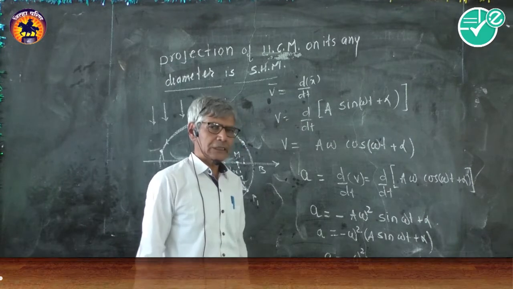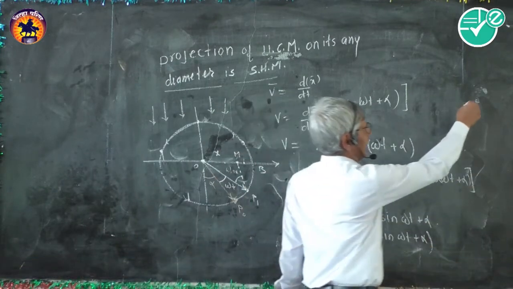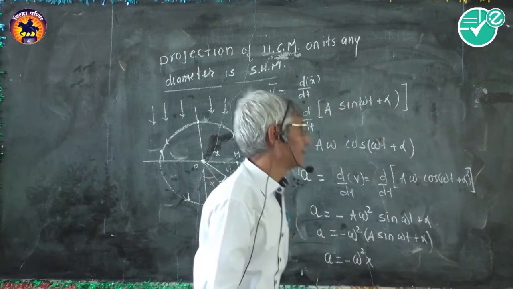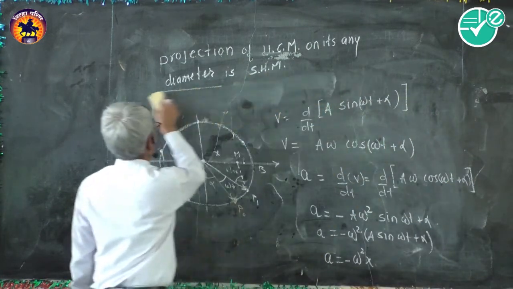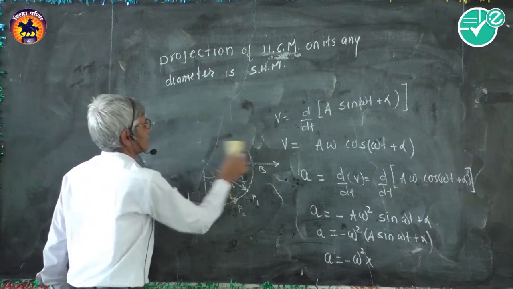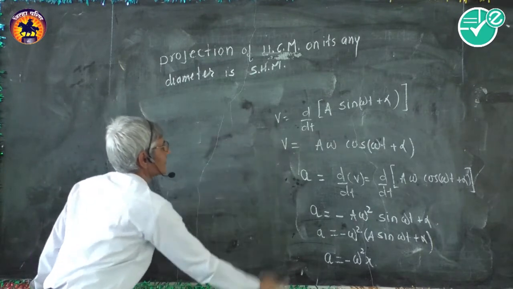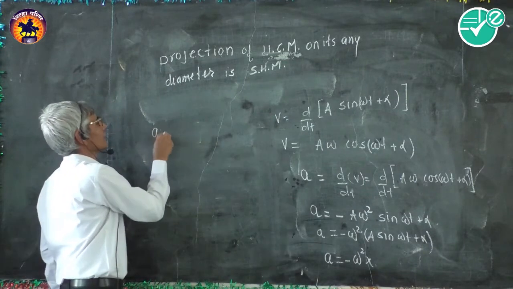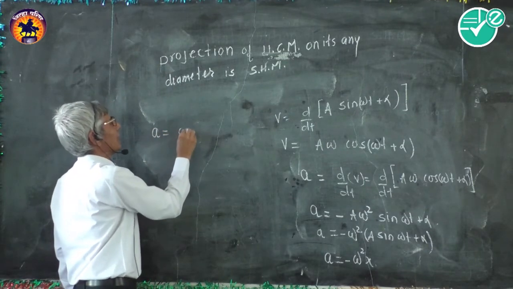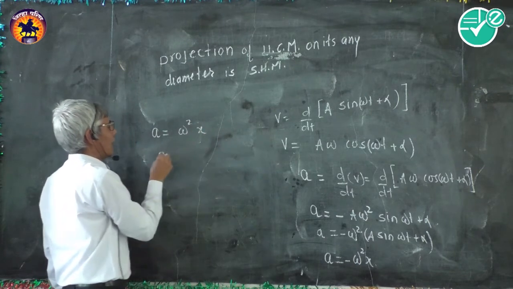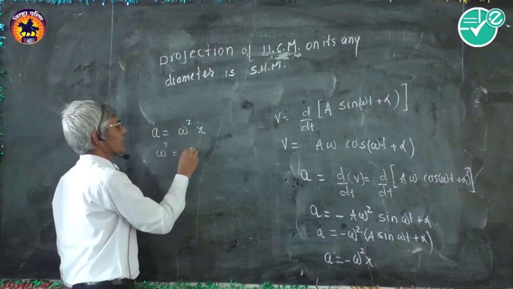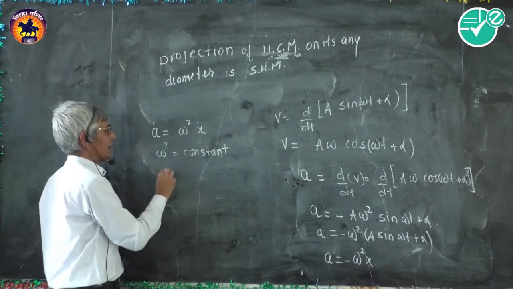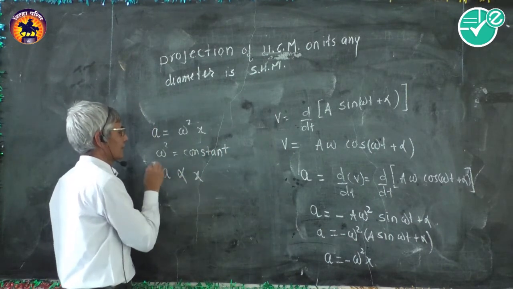As omega is constant, we can write in magnitude acceleration is equal to omega square into x, or as omega square is constant, because omega is constant, acceleration is proportional to x.